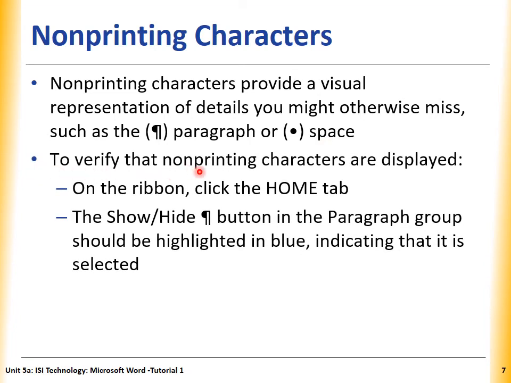To verify that non-printing characters are displayed, on the ribbon, click on the Home tab. We need to click on the Home tab as I showed you before. Then the Show/Hide button, the backward P, which represents the non-printing characters, in the paragraph group should be highlighted in blue, indicating that it is selected.